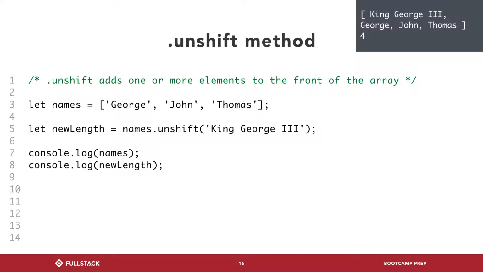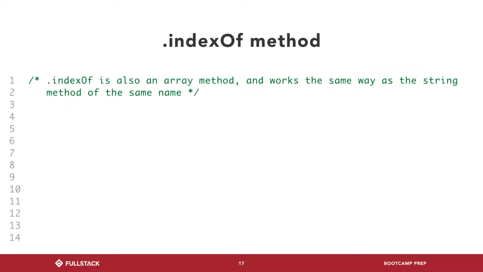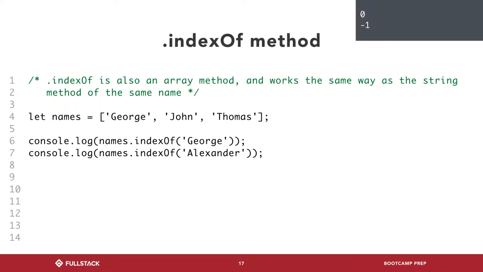I think we have 2 more functions. One is indexOf. And indexOf at this point should look very familiar to you, right? Because we kind of built it already this morning. You call array.indexOf, and you pass in an element. What it will do is look for that element for you. If it finds it, then it will tell you the index of the first match, right? Just like earlier this morning.